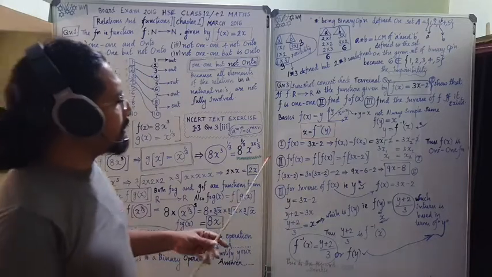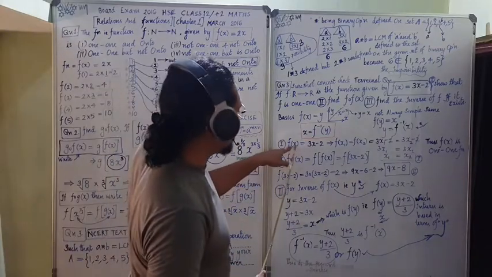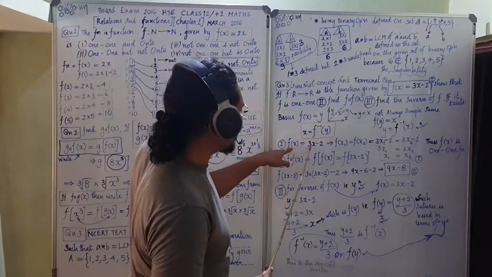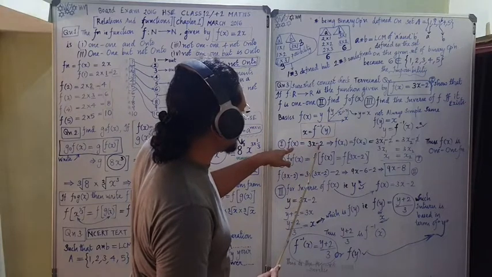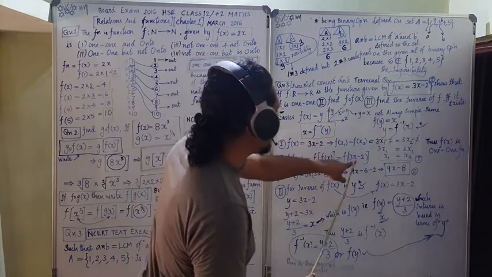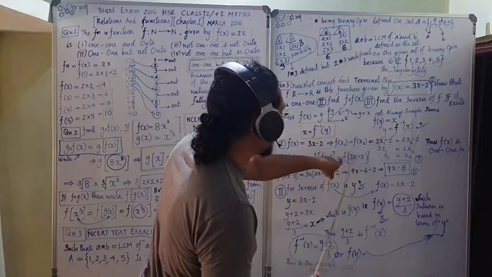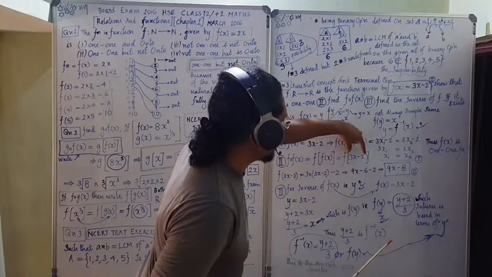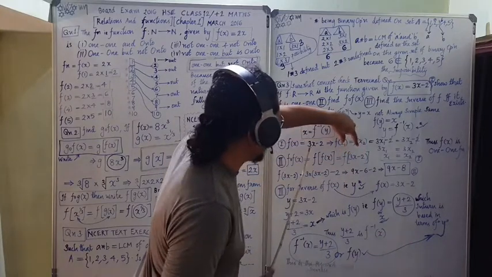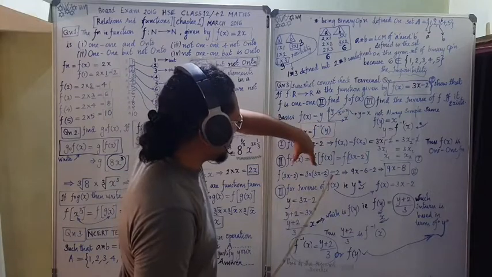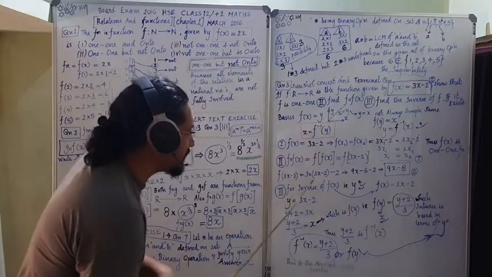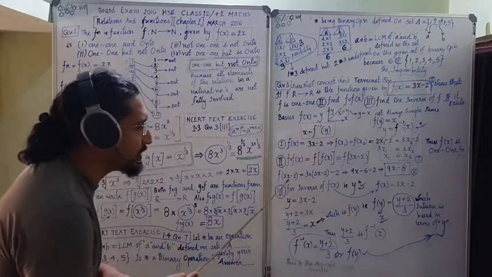Then when we put it in f of x, it should be in a relation that 3 should be multiplied to the x and 2 should be subtracted. Then again, the whole thing should be multiplied by 3 and then 2 is subtracted, isn't it? Which is written over here to make you understand.